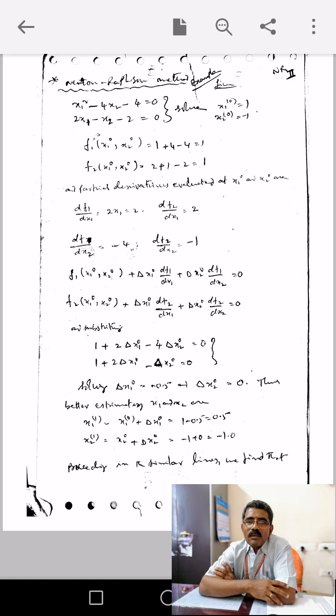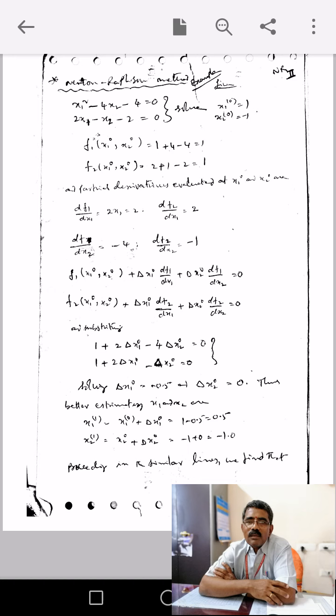You differentiate the first equation, that gives you 2x1. If you substitute the x1^0 value, you get 2. Likewise, ∂f2/∂x1, the second equation is to be differentiated with respect to x1. That value is 2, substituting the initial values.